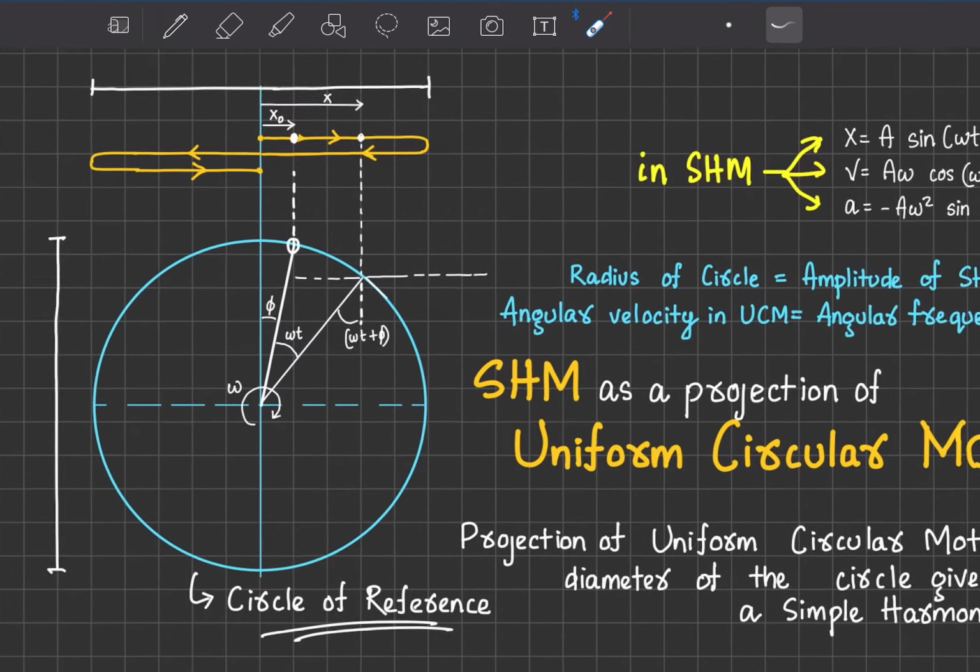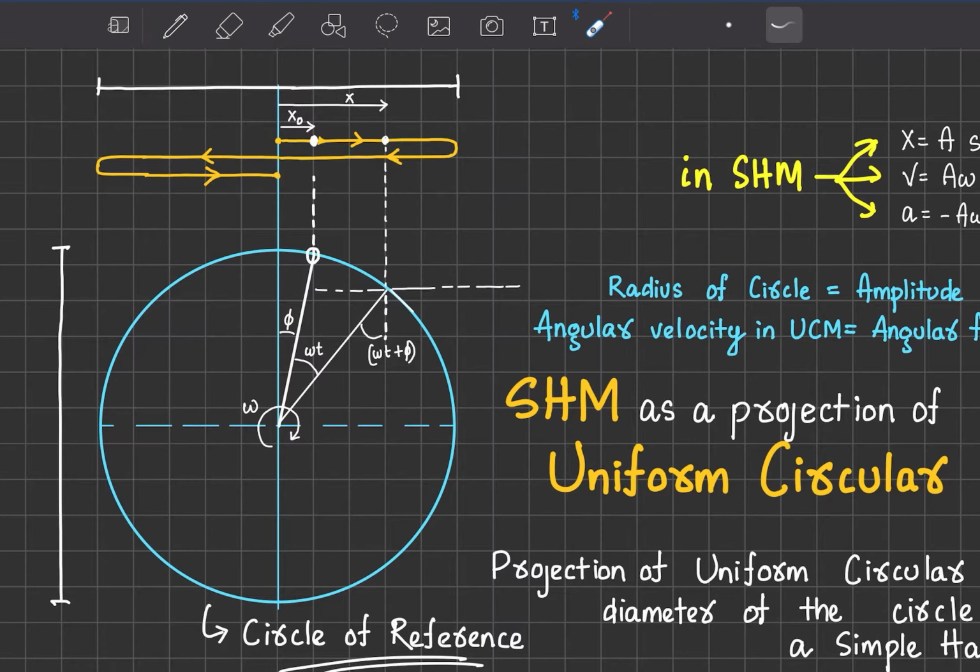Zooming in on the diagram, let's say there is a point P, and this P is moving with uniform angular velocity, given as omega. The point P is moving in the circle.